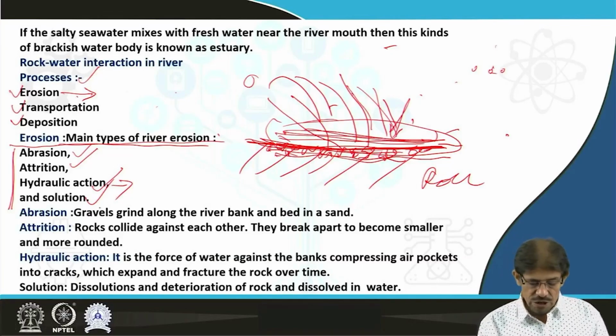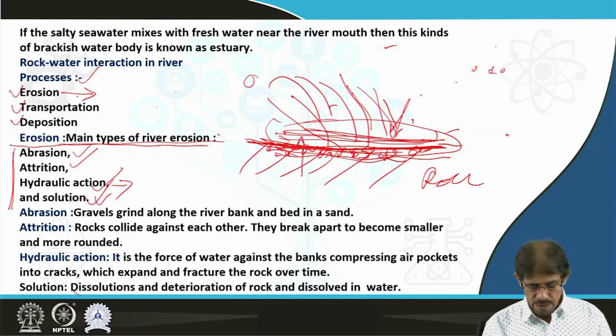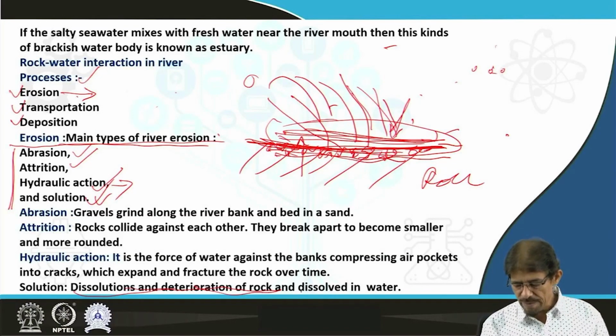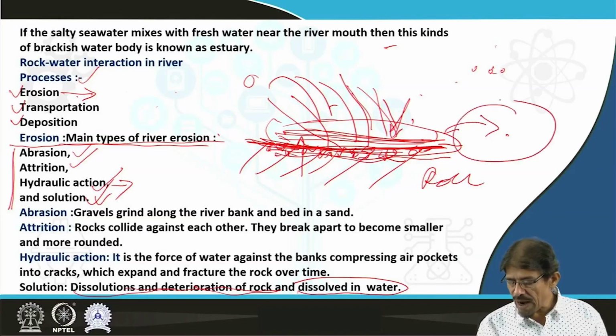Next is solution. Solution is simply dissolution and deterioration of rock through solution action, and the material dissolved in water. So there is a change in the pH of the water after interaction due to solution.